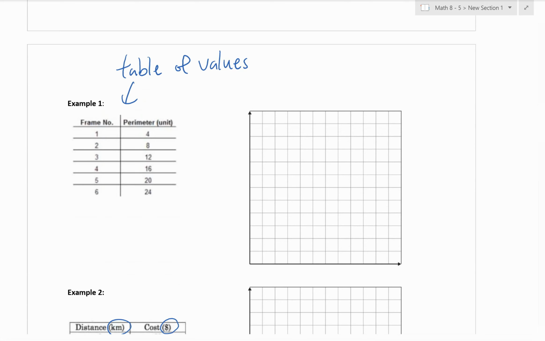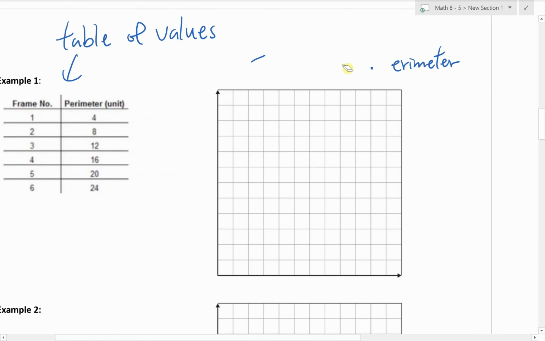So the title of this graph would be frame number versus perimeter. Okay, this is horrible. I'm gonna write it better here. Frame number versus perimeter.